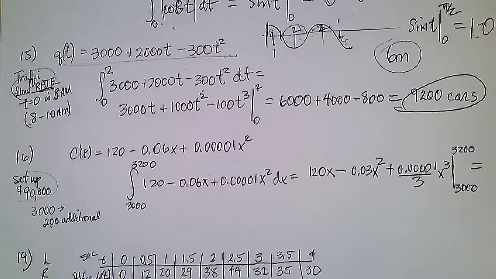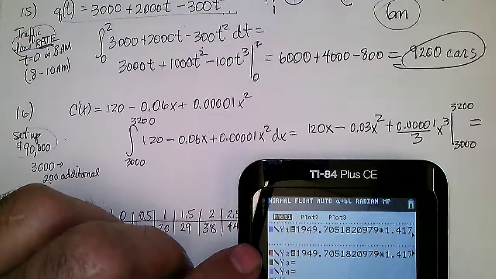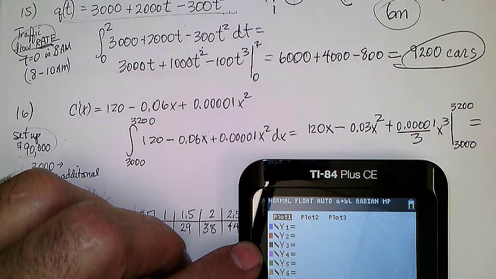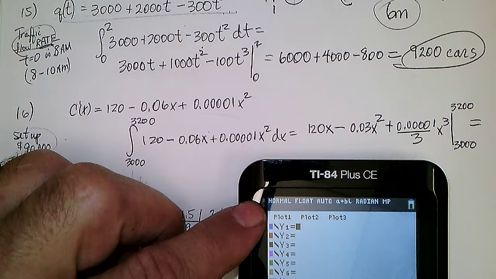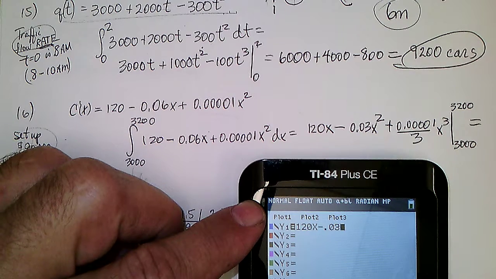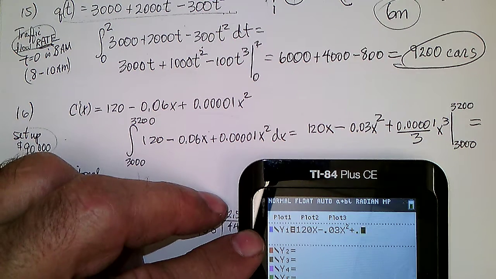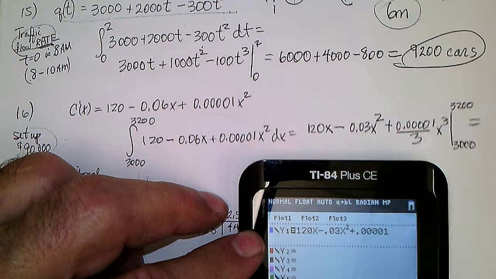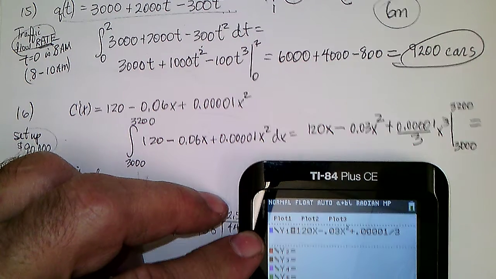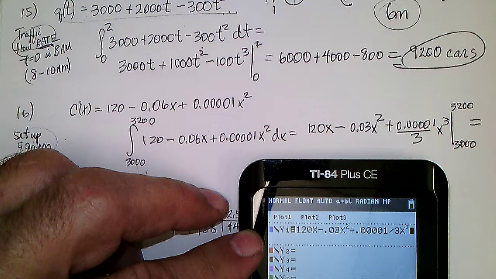And so I put 3,000 in there. Where's my calculator? So I'm going to type in the equation. Y equals 120x minus 0.03x squared plus 0.00001 divided by 3x to the third.